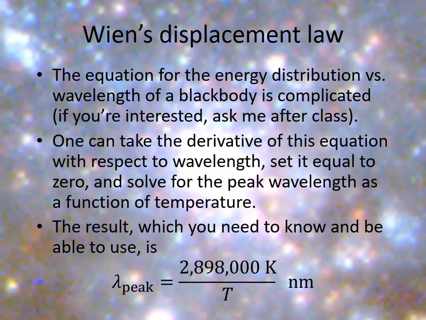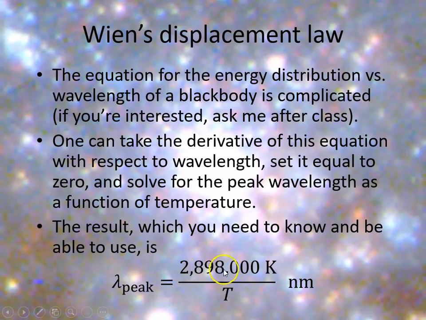When you do that, unfortunately, you get a transcendental equation, which means you have to solve it numerically. But upon solving it numerically, we get a formula for the wavelength at which a blackbody would be expected to have its peak radiation as a function of temperature. So you tell me the temperature of the blackbody, I'll tell you the wavelength at which you have the highest intensity.